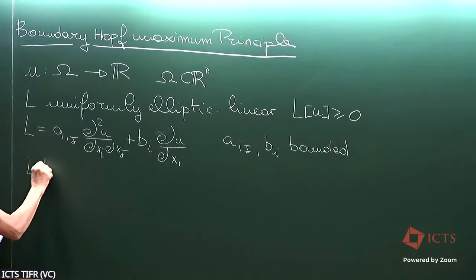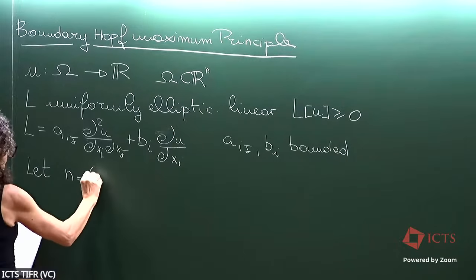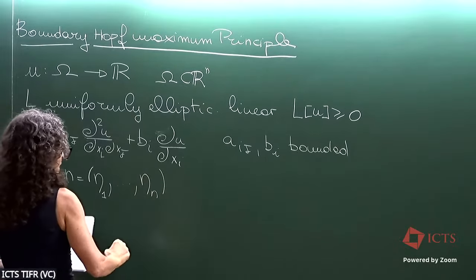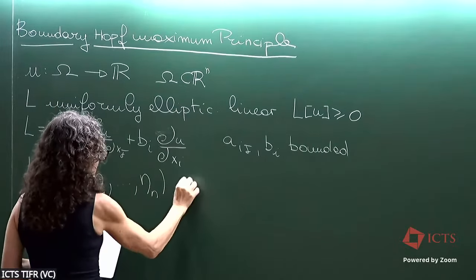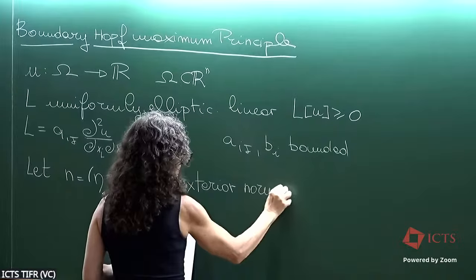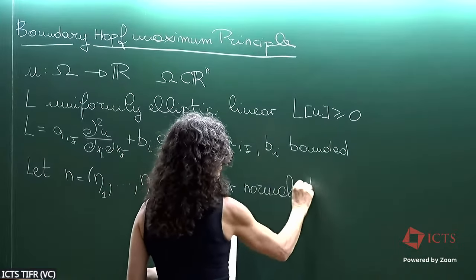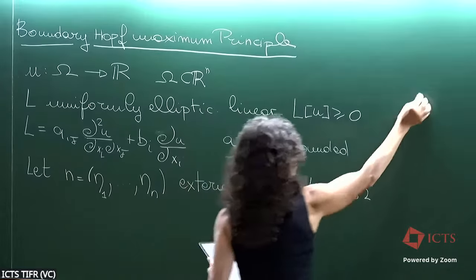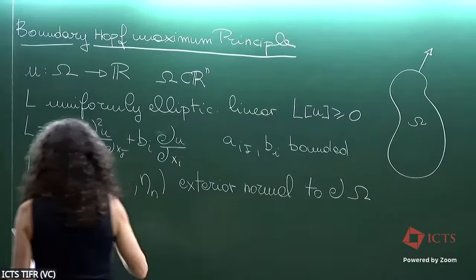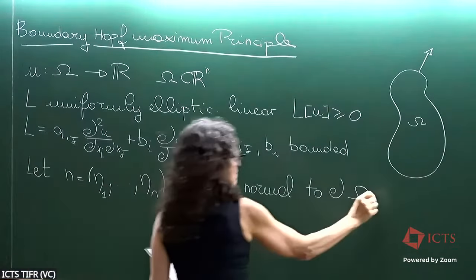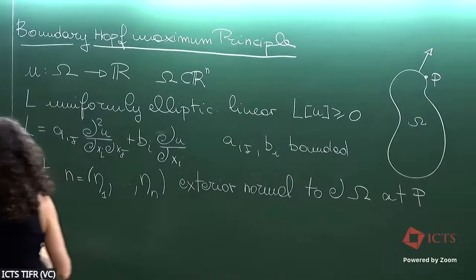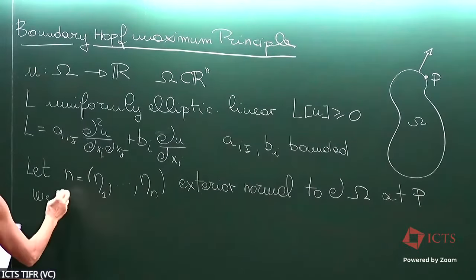So we let n be the exterior normal to the boundary of omega. So you have omega here, and you have an exterior normal at a certain point P. It's very easy, but we have to define it.